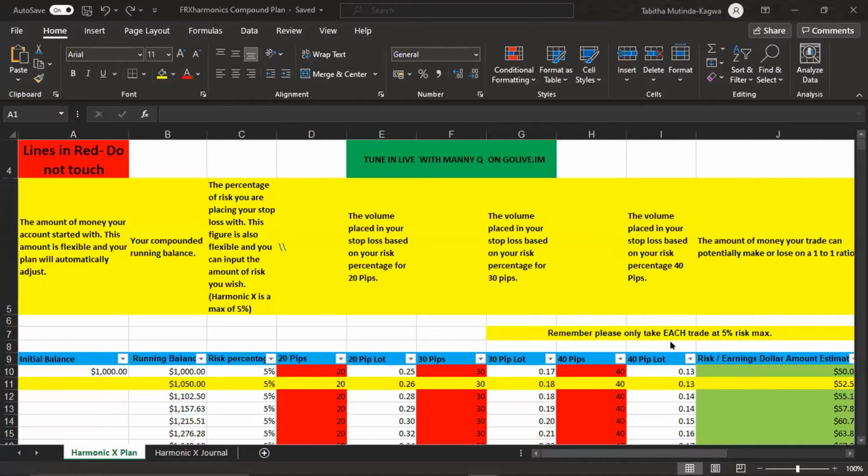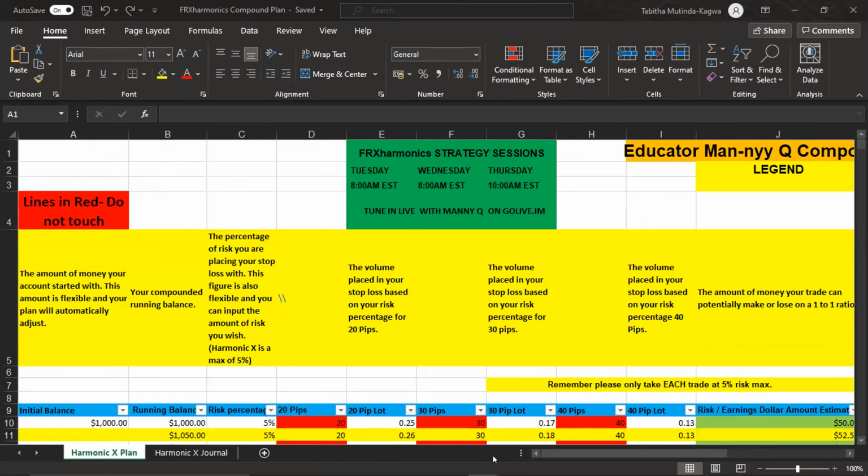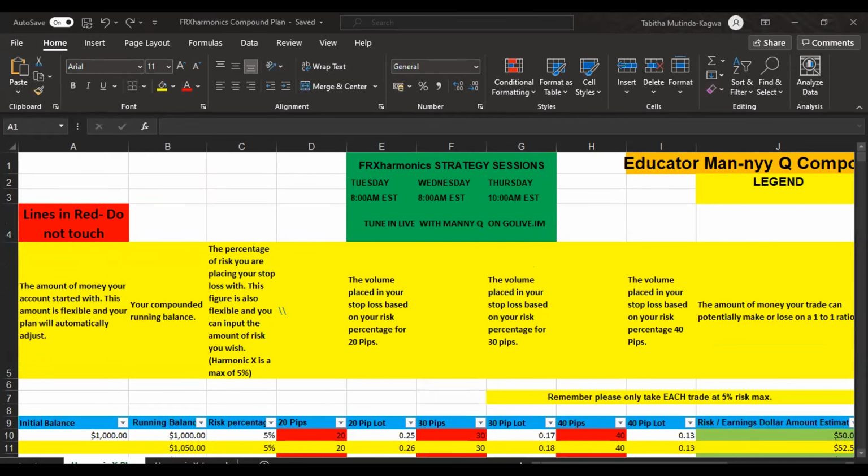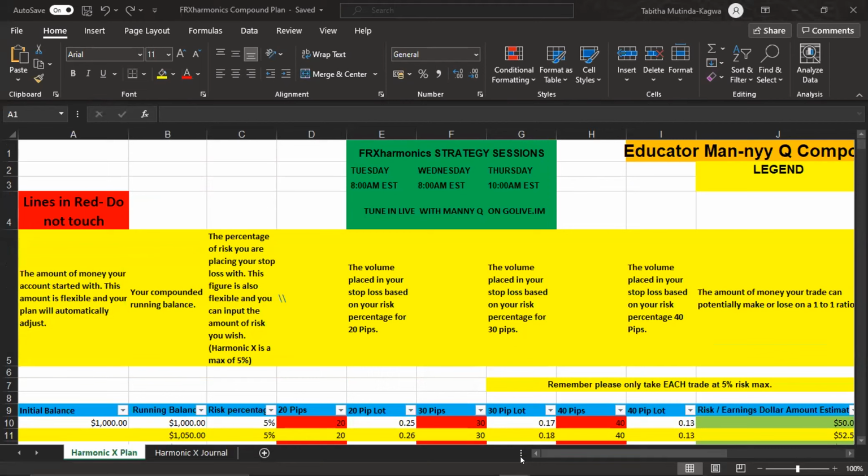Okay, so I'm going to have to stop share. Let me stop share and then share again because I've gone somewhere else. The trading plan. Right, let me just quickly go and share the link as to where you can find the trading plan. Let me quickly do that for you guys. Can you guys see my screen?